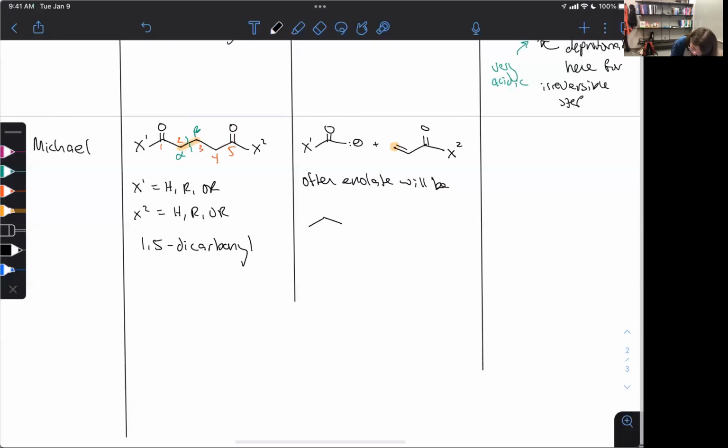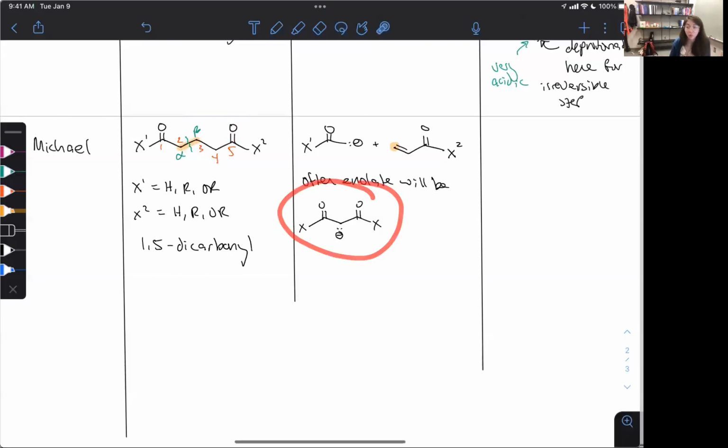All right, so for this one, keep in mind here that often the enolate in this situation is going to be one of those 1,3-dicarbonyl enolates. So that's probably the most common one in terms of doing this Michael reaction, just because at that point, your irreversible step is the deprotonation of this. So you have a lot fewer issues in terms of overlapping enolates with similar acidities and stuff.